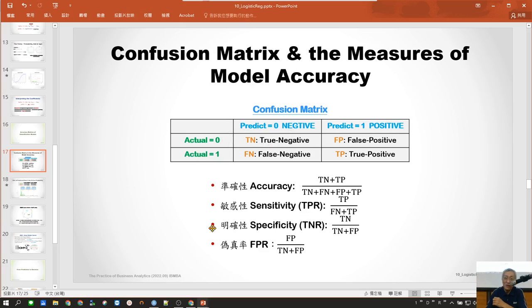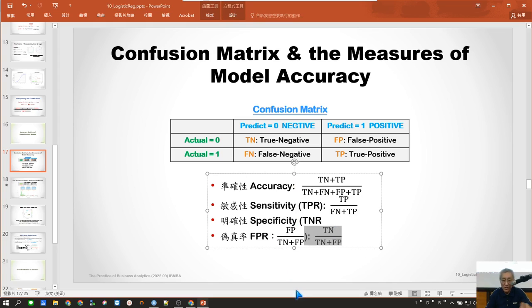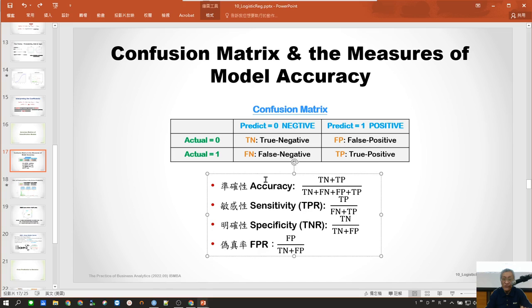And the specificity is actually just the reverse. As you can see, the denominator is the cases where t equals 0. So TN over that, which means that when you are 0, I can specifically say that you are 0.